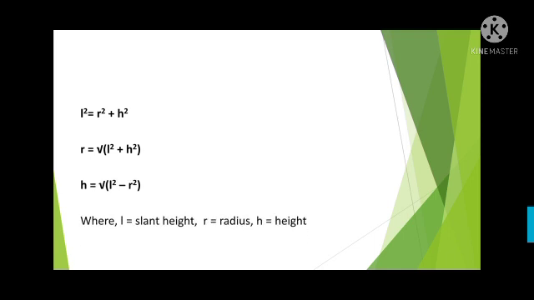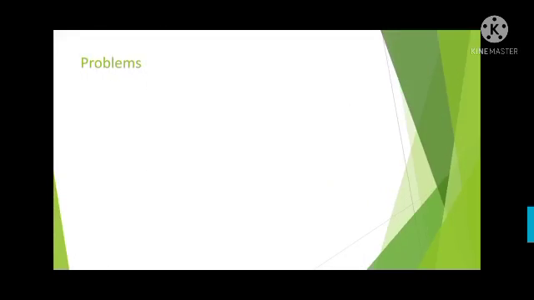And by Pythagoras theorem we get L square is equal to R square plus H square. Now we simplify it and we get this formula: H is equal to root of L square minus R square, where L is slant height, R is radius, and H is height. Now we will move on to the problems for the cone.